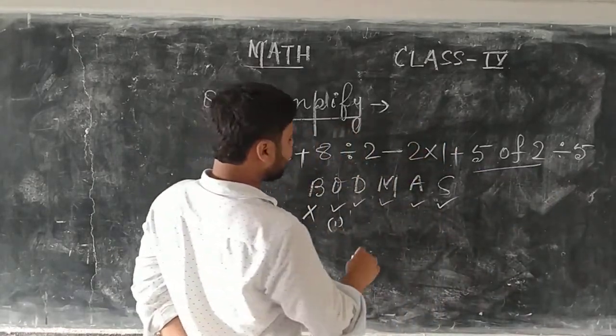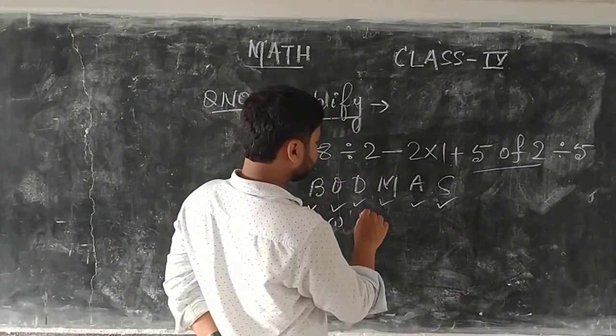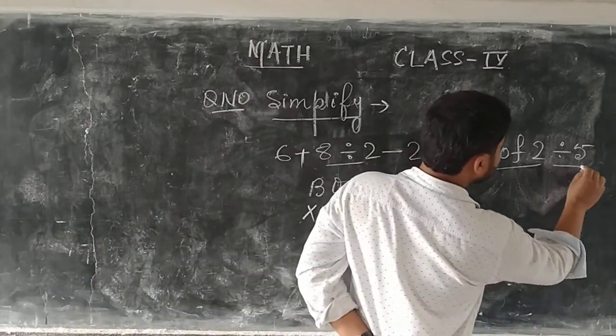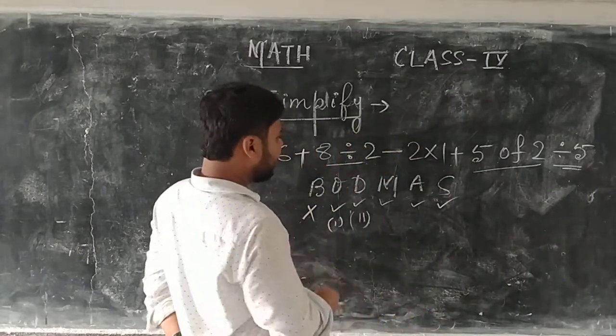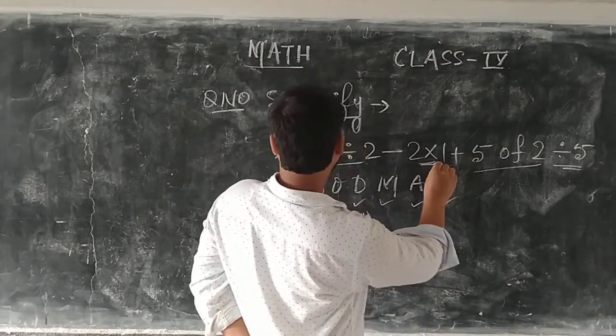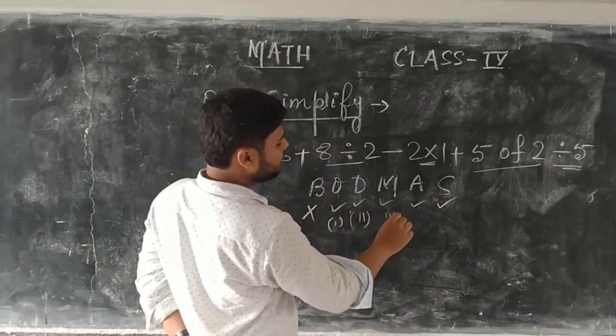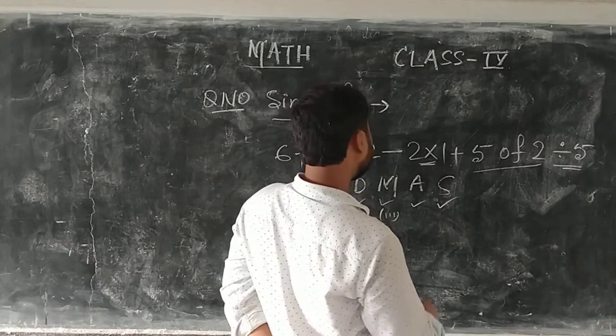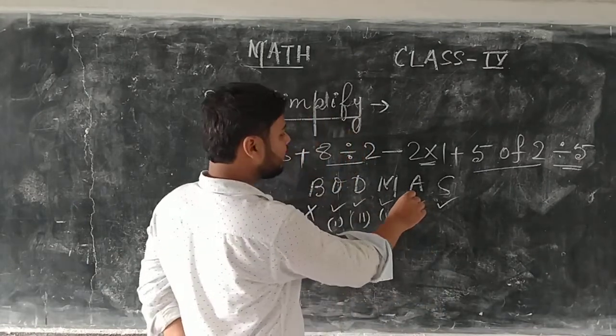Next work is division. Here division given and here division given. Next one is multiplication. Here multiplication given, means third work is multiplication, and after that we will work about addition.